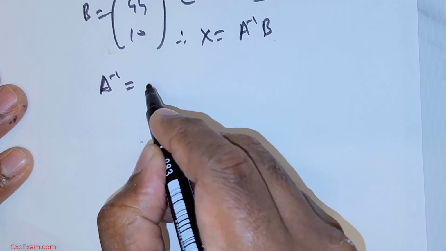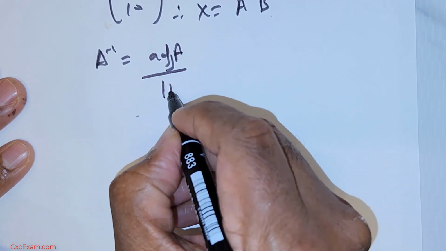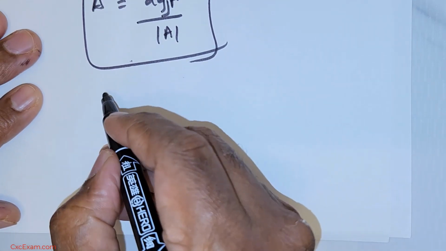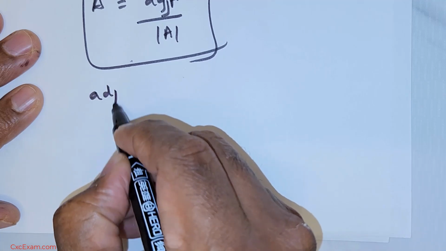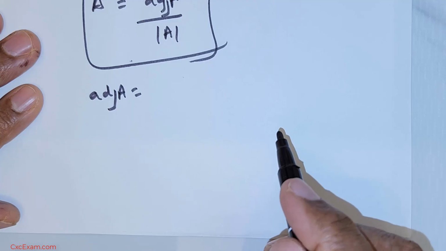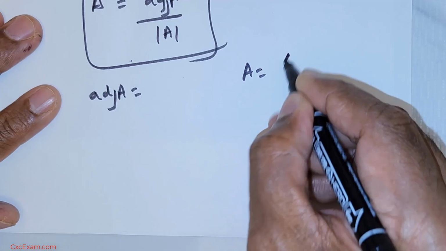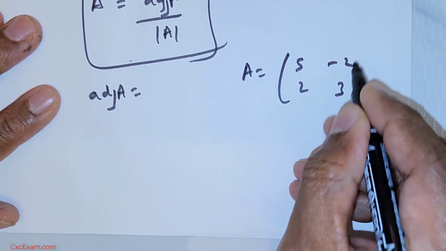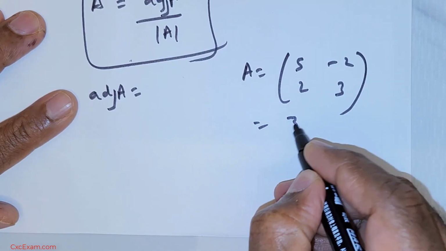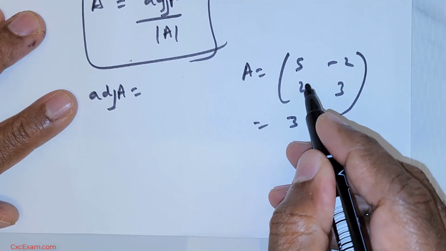Now A inverse has a formula. A inverse is equal to adjoint of A divided by determinant of A. So we will have to get the adjoint of A. To get the adjoint of A, what we have to do is, this is A. A is [5, -2; 2, 3]. We'll have to change the positions of 5 with 3, and for the other entries we need to multiply with a negative sign.